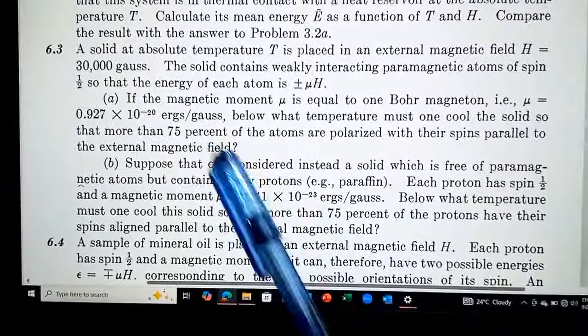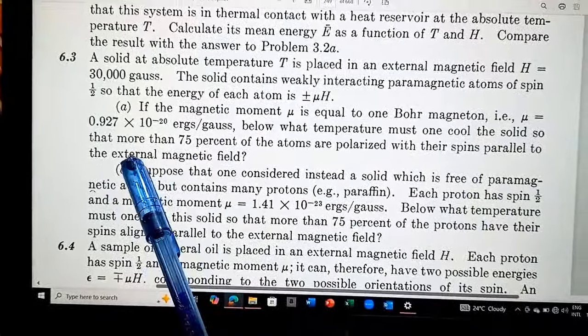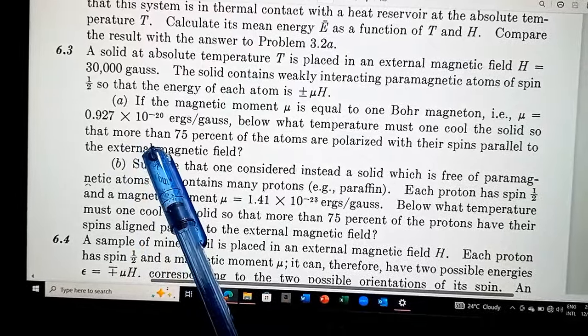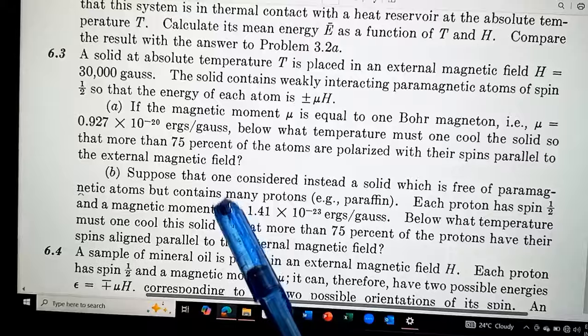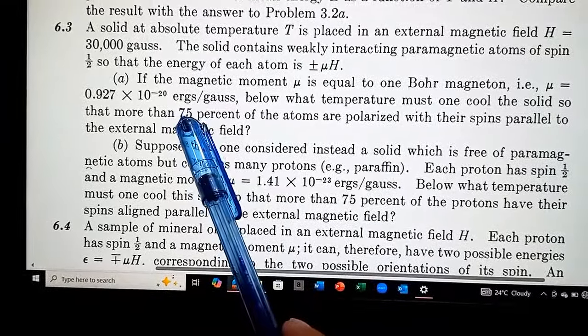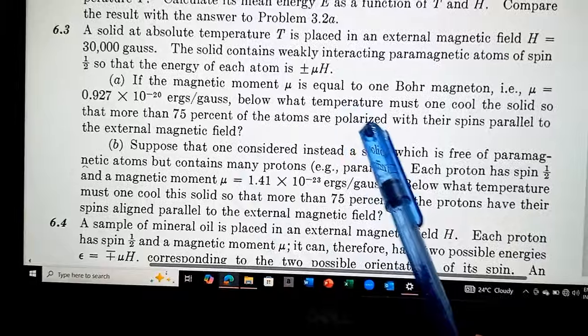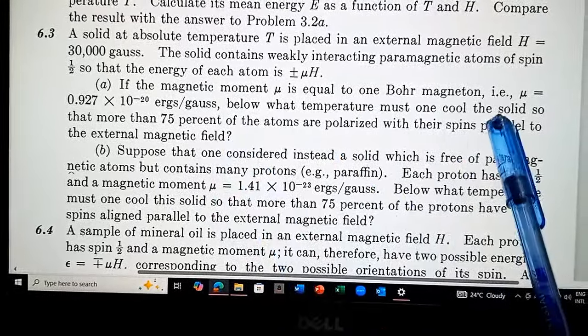That is given, as you can see. So "more than" means we just have to calculate when it is equal to, and then we can say when it will be more than. Okay, so we are finding here the temperature at which the spin states are parallel to the external magnetic field, parallel states.